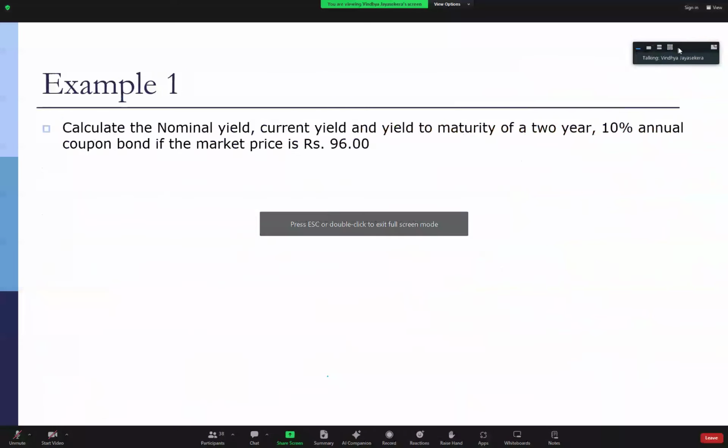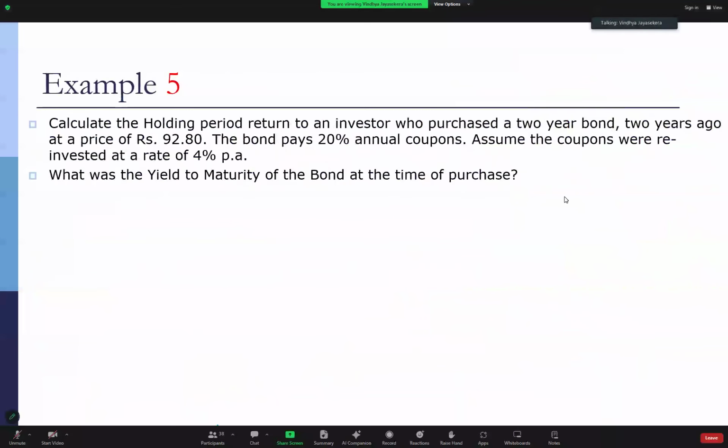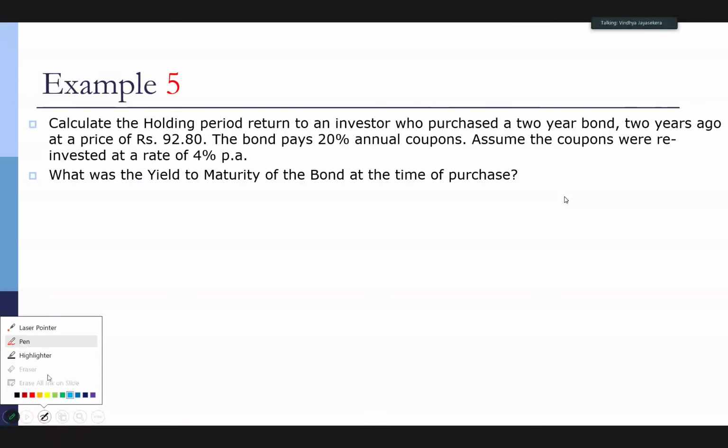Let's try some. So I changed this example number to example number 5 and 6 because we added an example before, right? Okay, read through the sum and see, and draw the cash flow diagram.